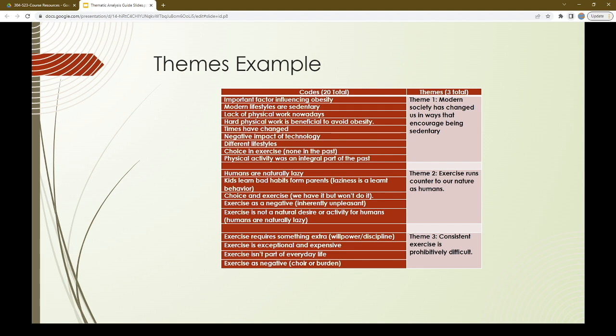To a certain extent, your own subjectivity and the subjectivity of those you are observing are built into this process. So qualitative research, and especially thematic analysis, is a form of social science in which we, to a certain extent, embrace the subjectivity that is inherently built into our observations and our data.